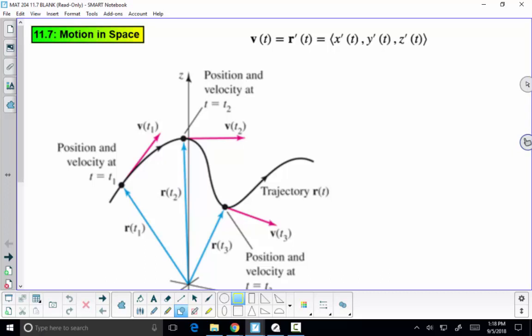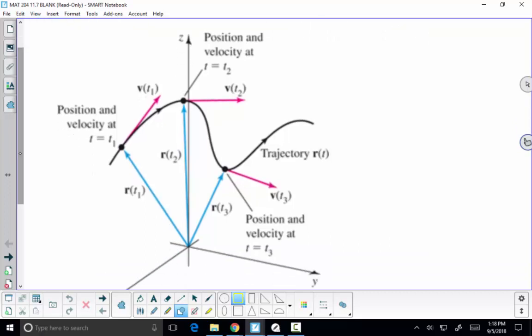All right, so what we see here is a curve in 3-dimensional space. And that curve has a velocity vector attached to it in different places. That velocity vector is indicating the direction of the motion, and so that is also referred to as the orientation of the curve.